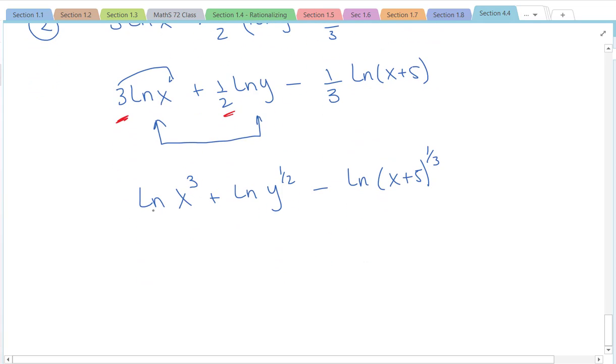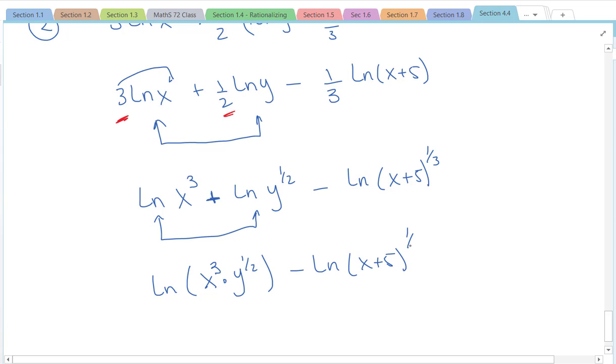And now I have two log quantities, always take two at a time. And because they're separated by a plus, that means I can combine them by multiplying. So this will be the natural log of x cubed times y to the 1/2, minus the natural log of x plus 5 to the 1/3.